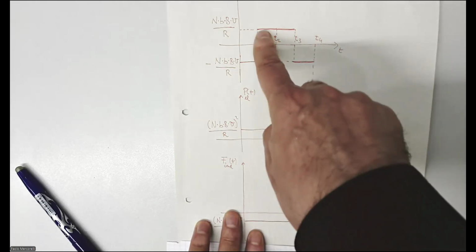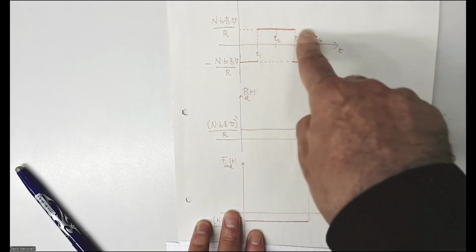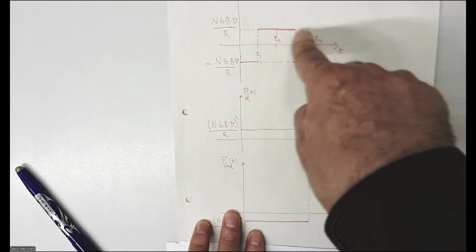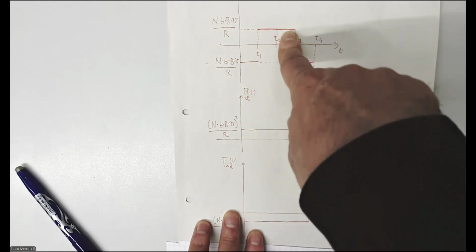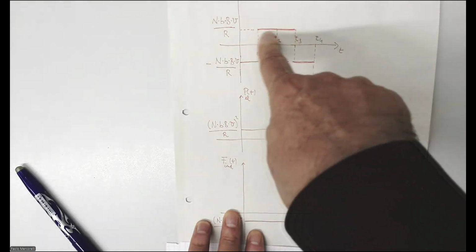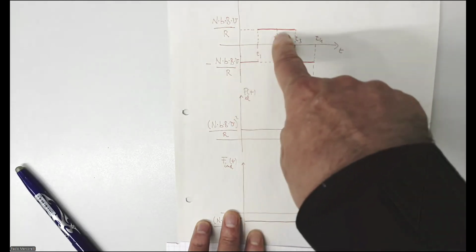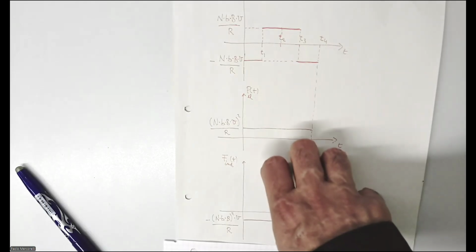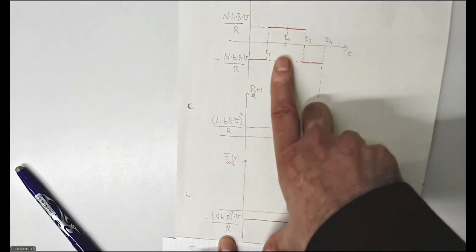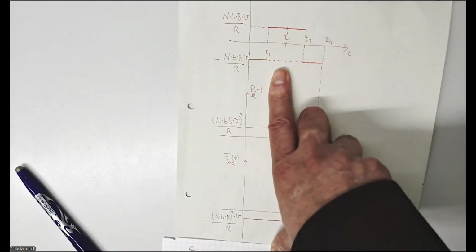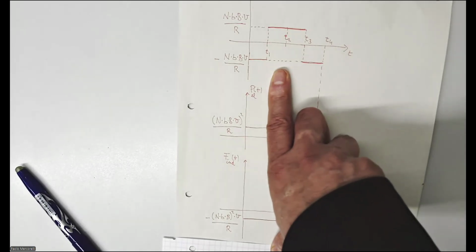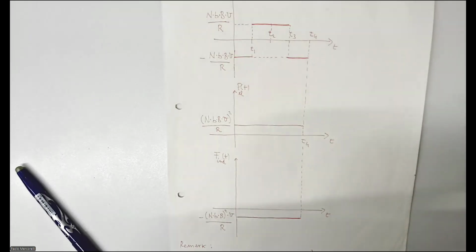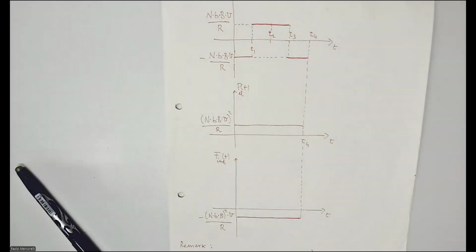In this part of the phenomenon, it is true that the current changes sign, but in this part here the current of the rear part of the coil is involved.